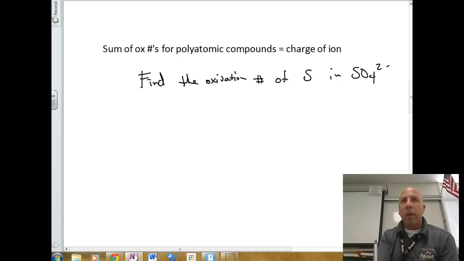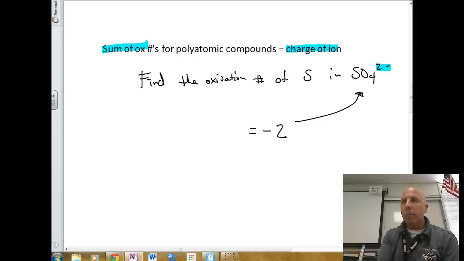So in a charged particle, we have a -2 charge. So the sum of the oxidation numbers is going to equal the charge of the ion. So we're going to set this equal to -2 because sulfate has a 2- charge.